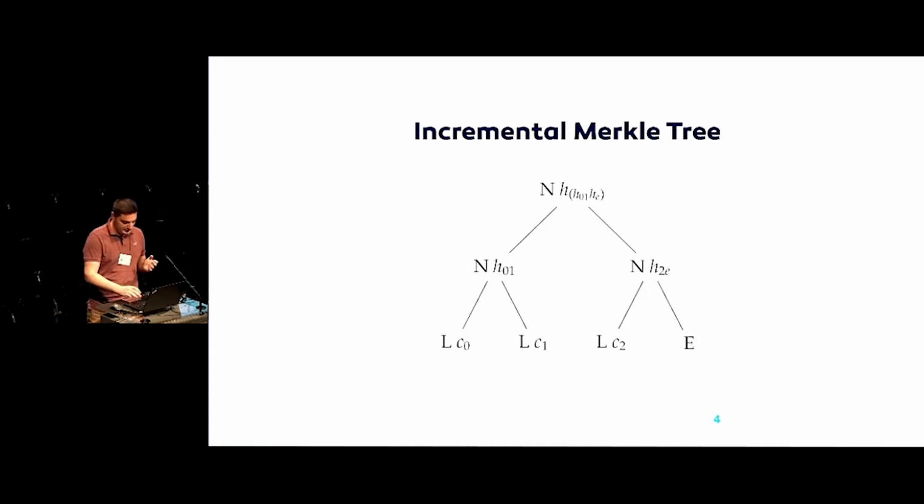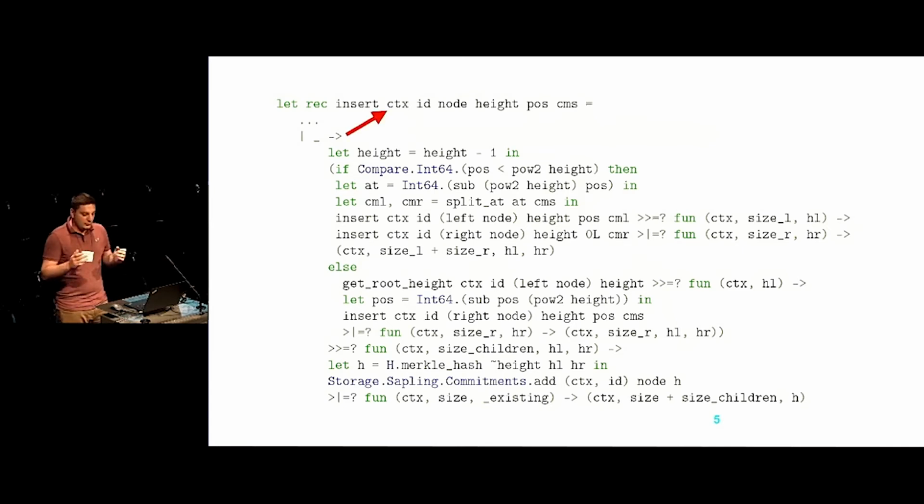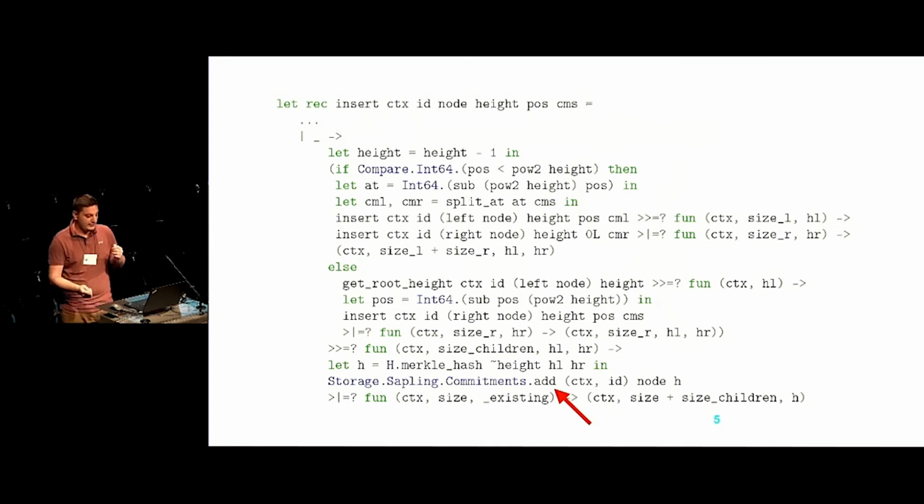And I thought that until I took a look at the code that implements this in production. This is only a fragment of it. I don't want you to look at it much, but I'm just showing it to show that a full verification of this code would require modeling what we call the Tezos context, which is an explicitly passed state with a bunch of things, the monad that we use, which captures both error handling and LWT promises, the I/O effect caused by accessing and modifying the storage.